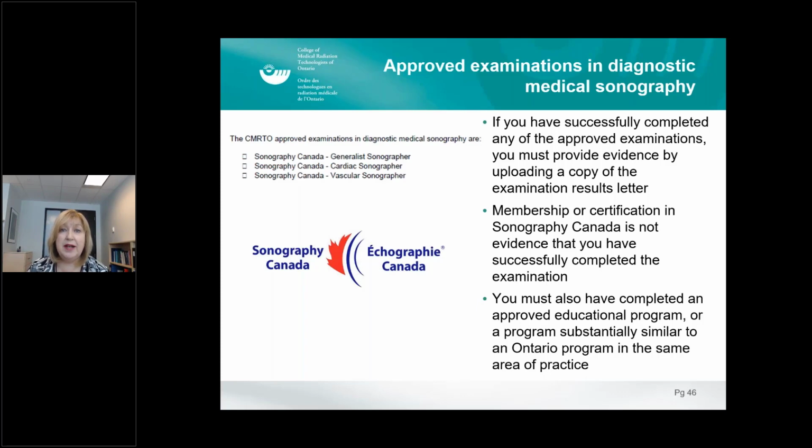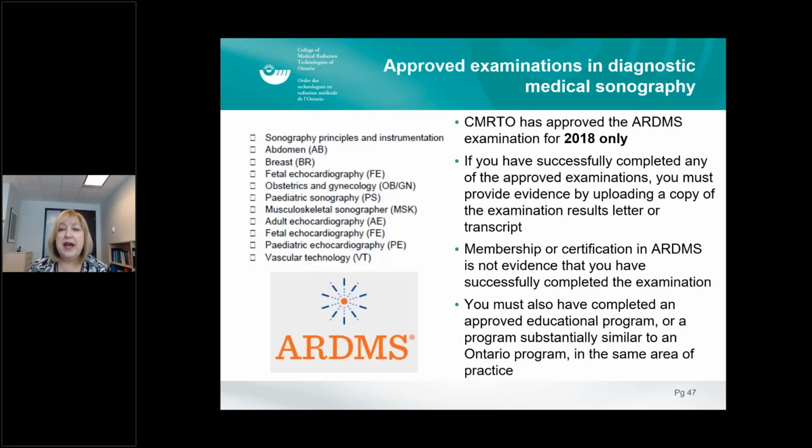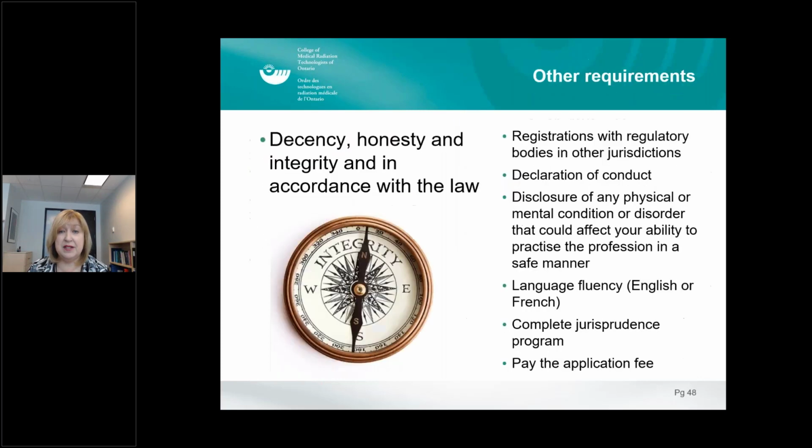So we do want evidence of successfully completing the exam, and I believe you can print that off from the Sonography Canada website. Same with ARDMS. So we have approved the ARDMS examination for 2018 only. And so if you have successfully completed one of those, you can upload that evidence.